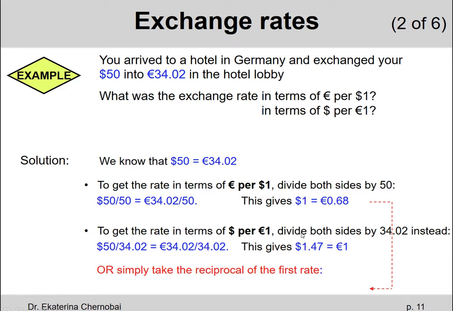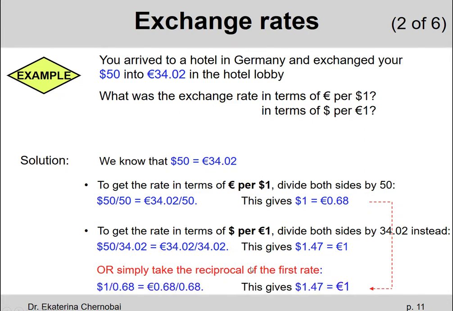Notice that to find that second exchange rate expression, 1 euro equals 1.47 of a dollar, we could do it a bit differently. We could start with the first exchange rate expression, $1 equals 0.68 euros, and divide both the left-hand side of it and the right-hand side of it by 0.68.